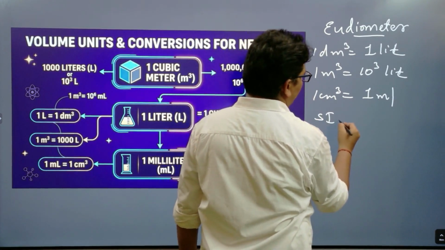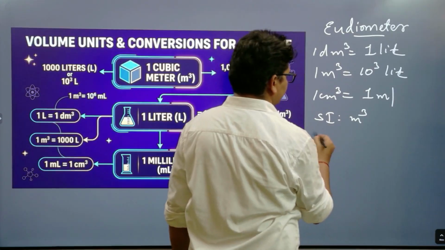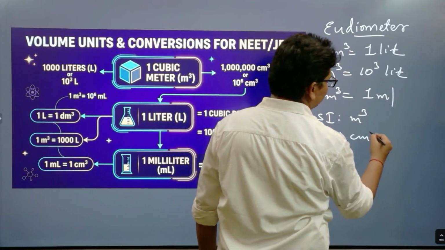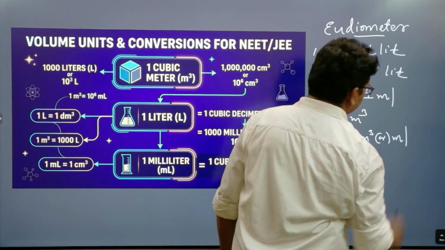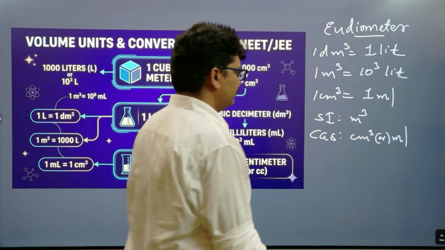Here SI unit of volume is meter cube. CGS unit of volume is centimeter cube or ml. Centimeter cube means 1 milliliter.